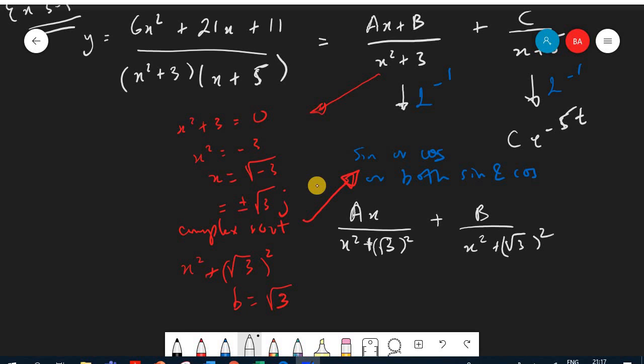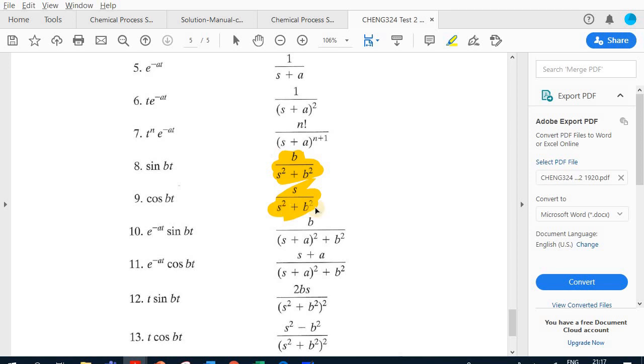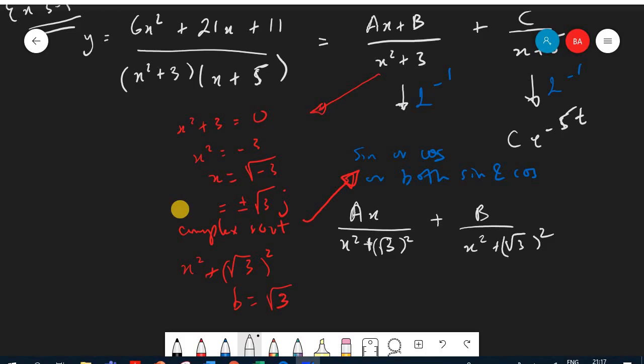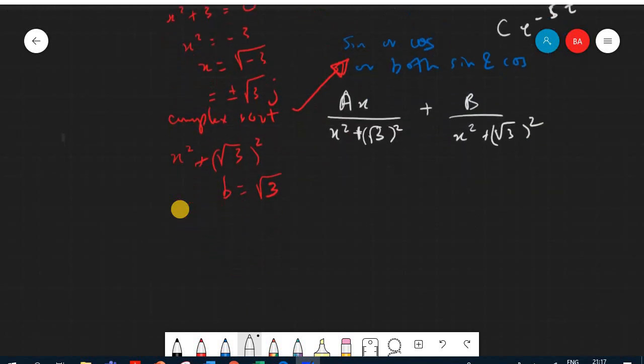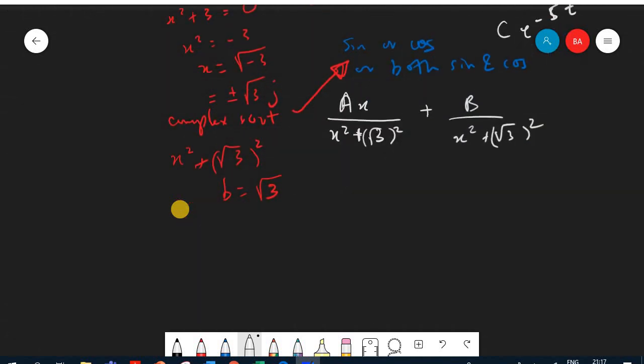Okay, so it looks very similar to what we have: s over s squared plus b squared, which is cosine bt. So this will be cosine bt, which is cosine of the square root of 3 t.